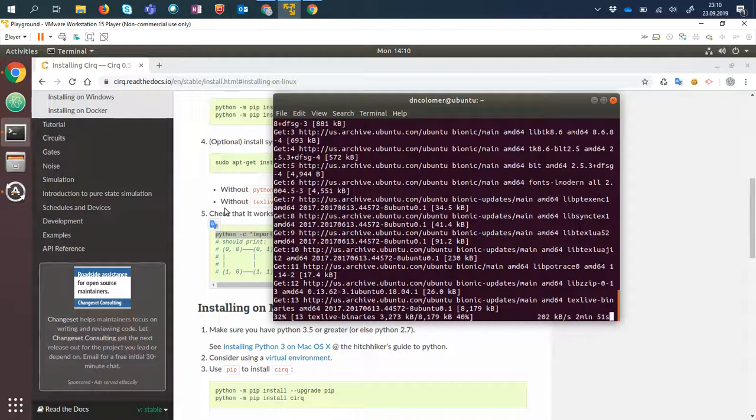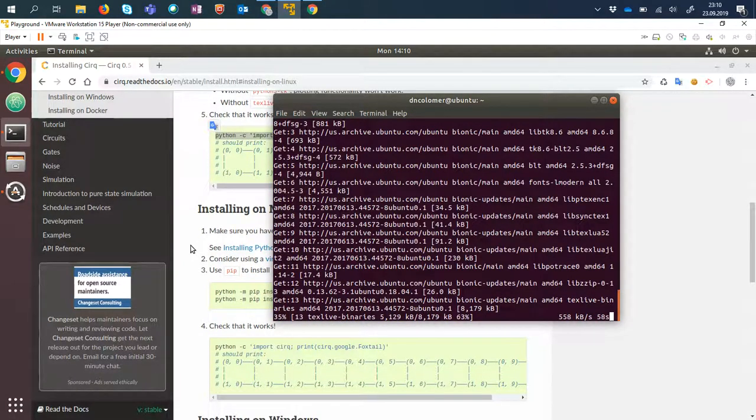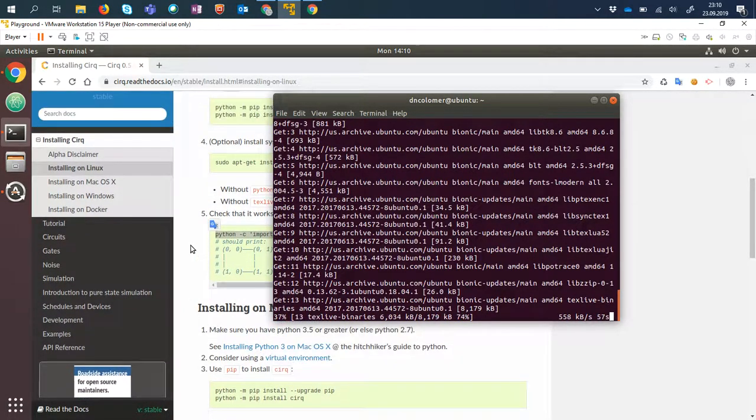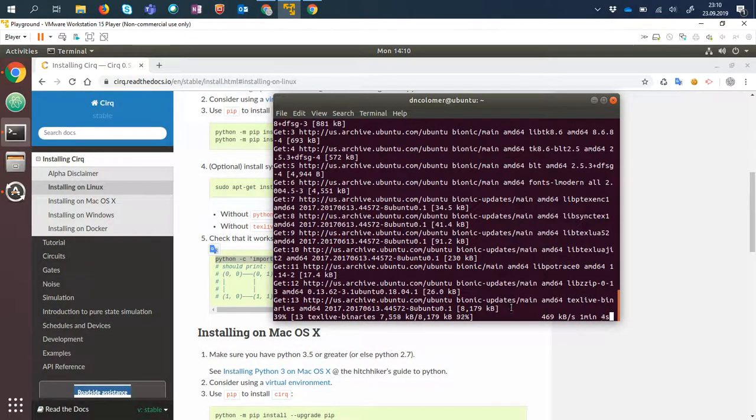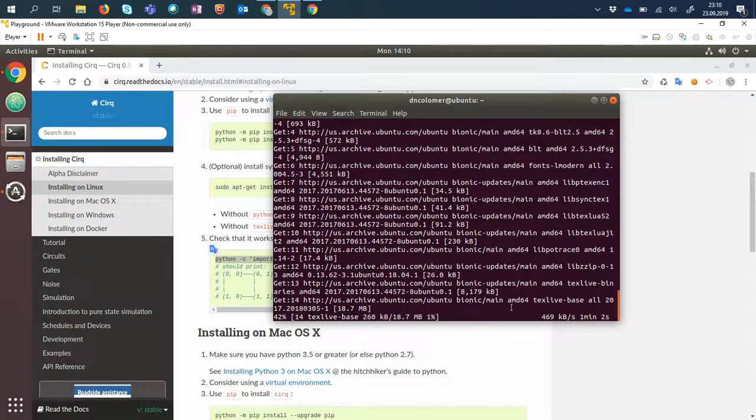And I guess we'll try to use it in a Jupyter notebook or something like that to play with the code, once this is done installing. Cool. I'll just pause this until it's done. No, wait a second, I can't pause because I'm recording from outside the virtual machine.